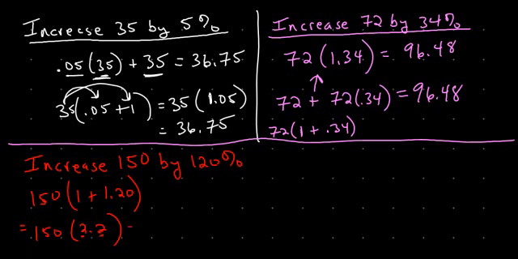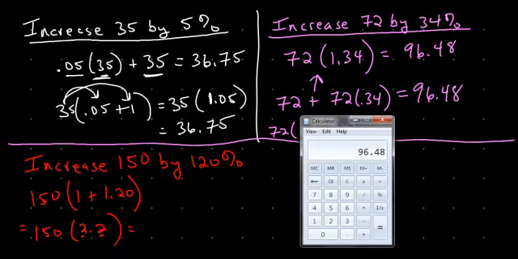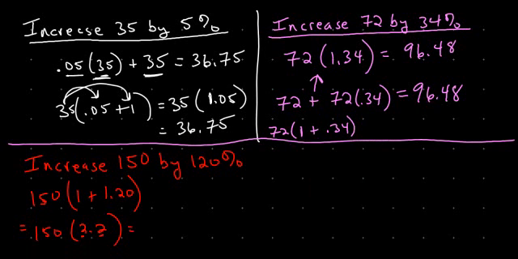Okay? So that is going to be 150 times 2.2, which is 330. And so let's work it out slowly.